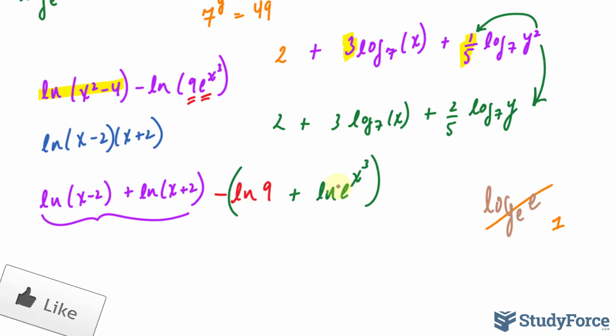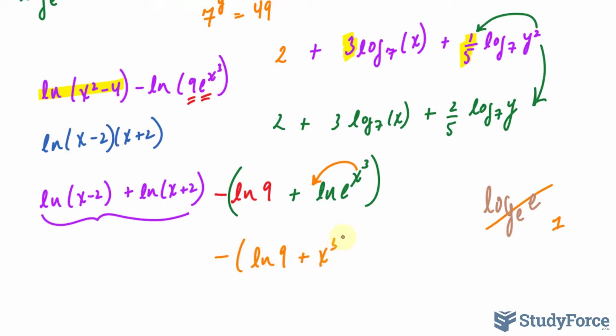We have ln of e. At the same time, e is being raised to x to the power of 3, which will default to its coefficient position. Technically, we have ln 9 plus x to the power of 3 ln e, which we just learned becomes 1.